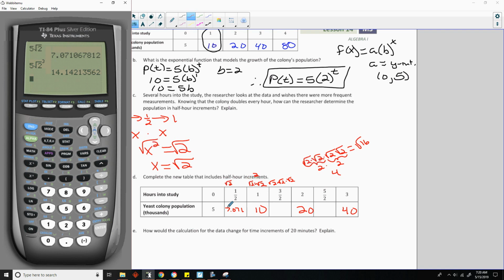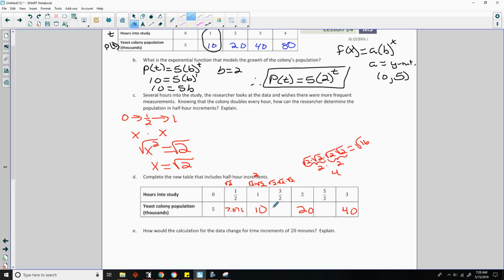And I get 14.142. And then this would be square root of 2 to the 4th, this is square root of 2 to the 5th, and this would be square root of 2 to the 6th.